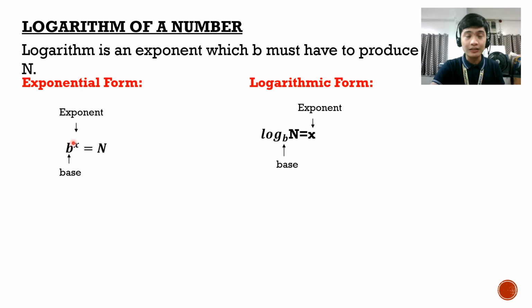Yung exponent ay after ng equal sign, ito po yung n. Ito po yung magiging itsura ng isang expression na kinonvert natin into its logarithmic form. So later on, mas maiintindihan natin paano ba ilipat ang isang expression na nakasulat from exponential form going to logarithmic form. So that will be our next discussion.